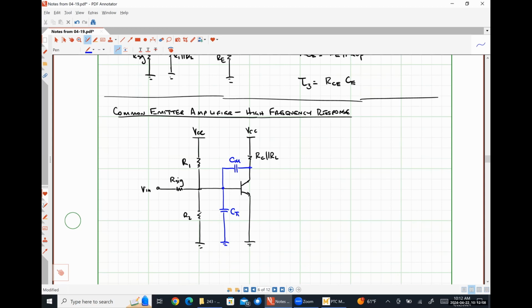And then we should have a capacitance seen between our collector and ground, which is the capacitance CCS. Now, CCS, I mentioned in class, only appears when we are dealing with an integrated circuit. I'm going to leave it in. We can always take it out if we need it.